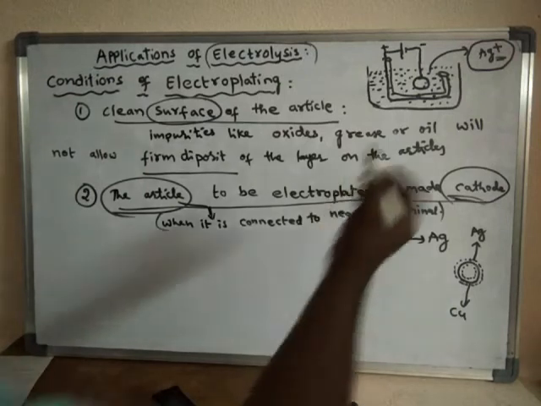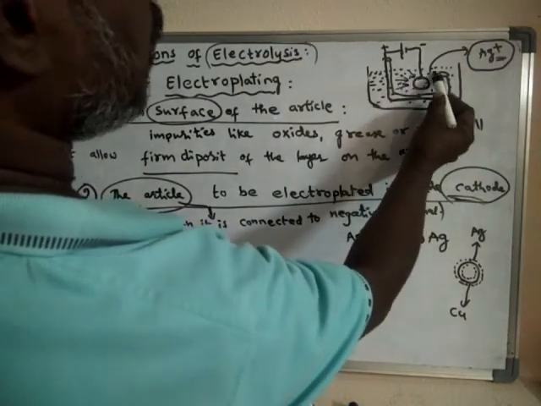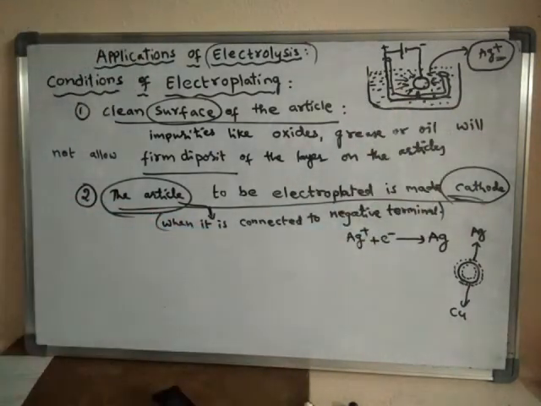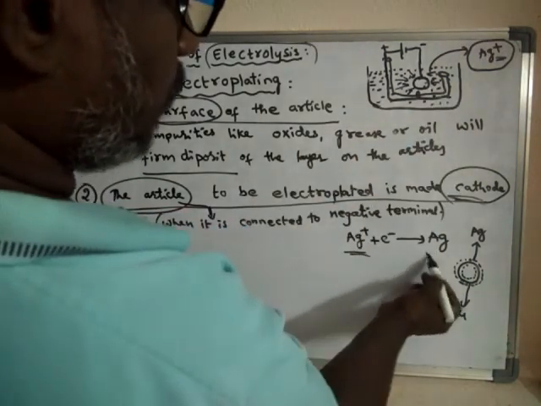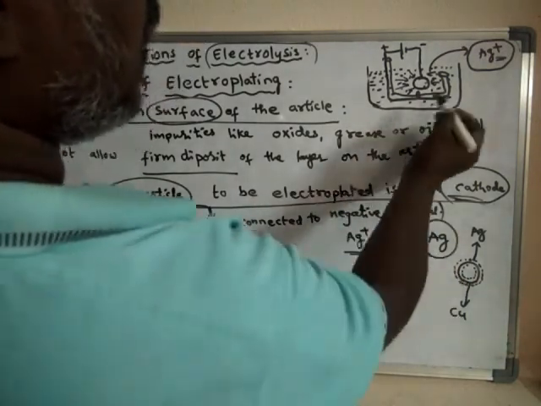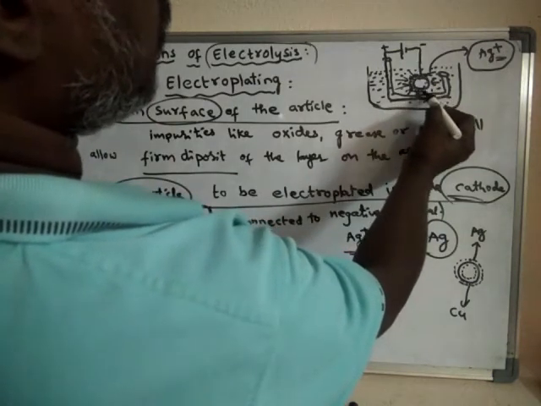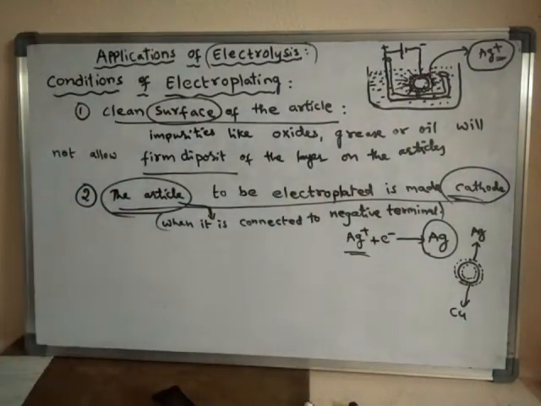So here all the silver ions will come towards the cathode, which is nothing but a copper ring. After coming towards the cathode, that silver ion converts into silver metal, and that silver metal is deposited on the cathode. Like this, the silver metal is deposited on the cathode.